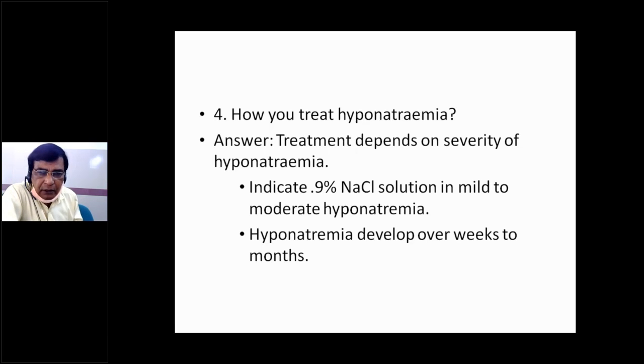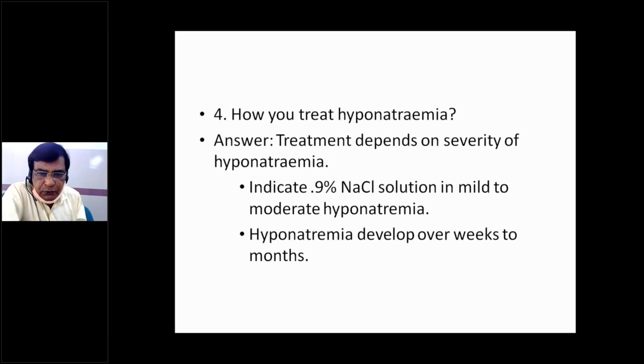Rapidly means over hours and days, and slowly means over weeks and months. Number two, whether the hyponatremia is severe or mild to moderate. Mild means 120 to 135, moderate means 110 to 120, and less than 110 is severe.